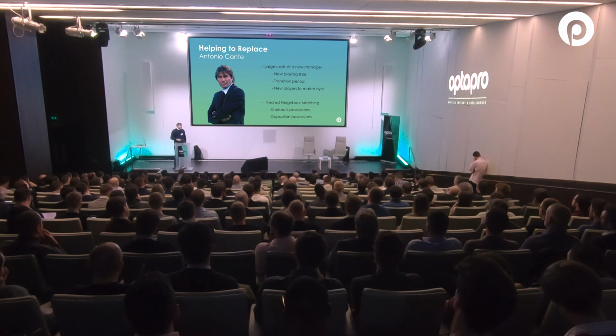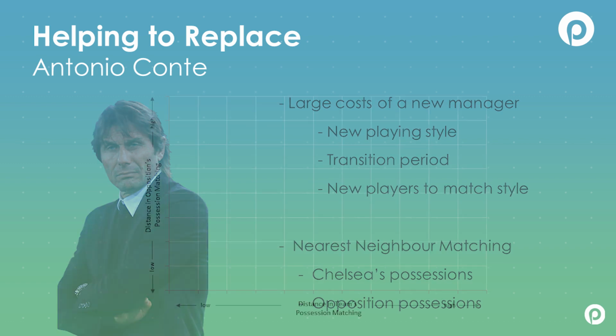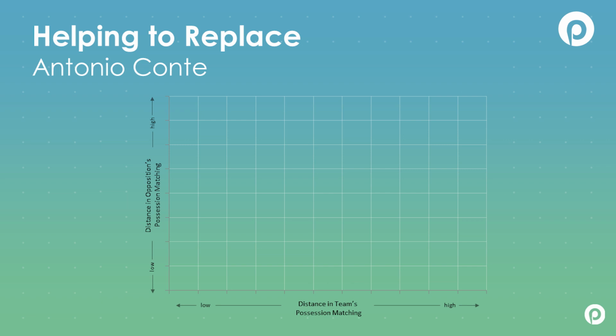So teams could decide to try and identify teams that play in a very similar style to them in terms of possession sequences. What I've done here is nearest neighbour matching with Chelsea's possessions and the opposition possessions that they face. So we're going to plot them out.